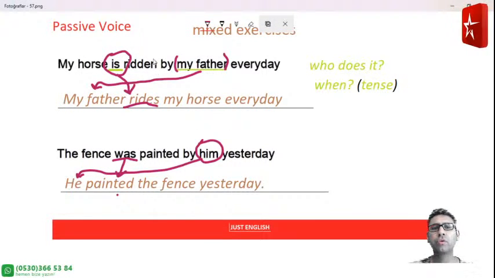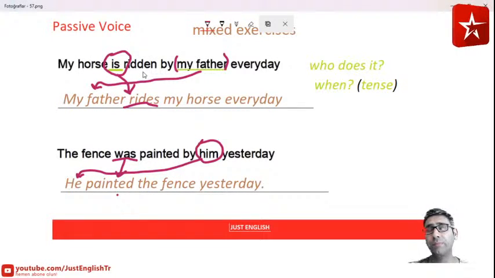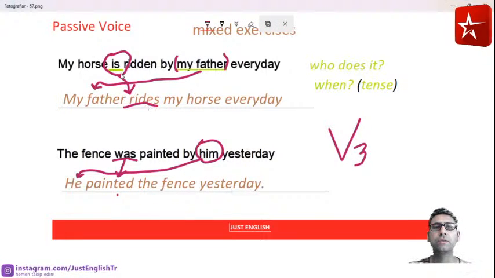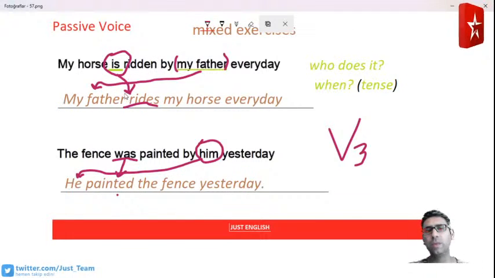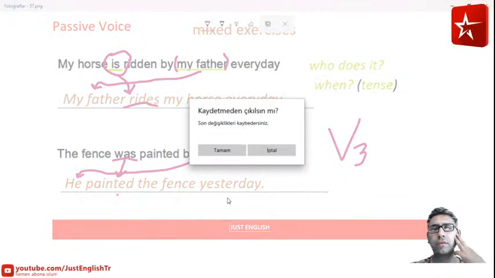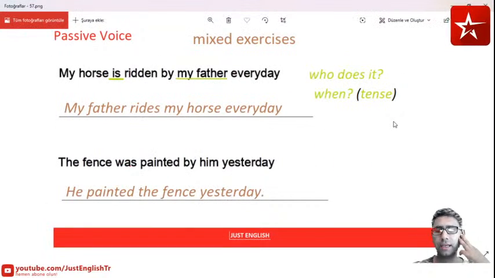We don't go to the verb to see the tense, because in passive voice sentences it's always verb 3, past participle. So we need to check to be. That's how we detect the tense of the sentence. All right, that's good.